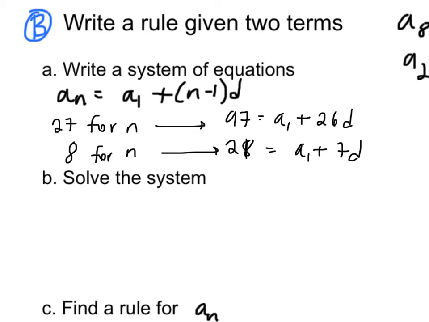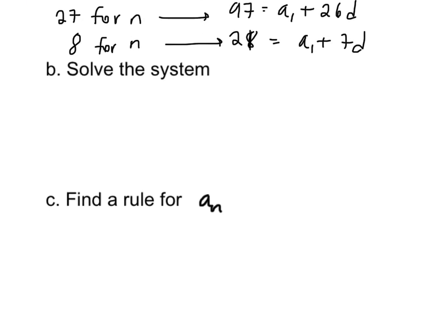Next, we're going to solve this system. So we have 76 equals 19d. Solve for d, which is 4.